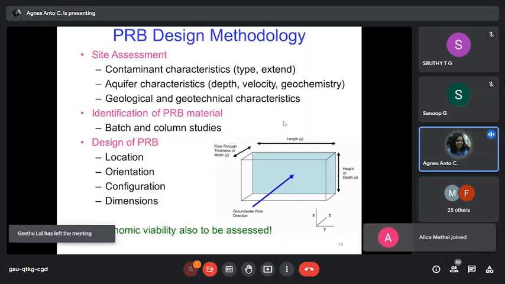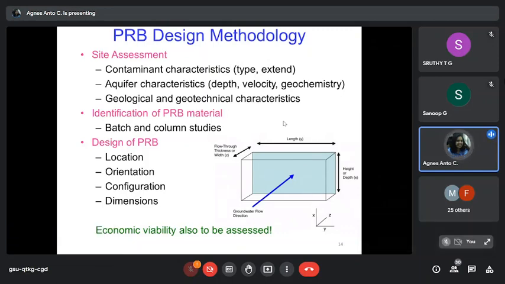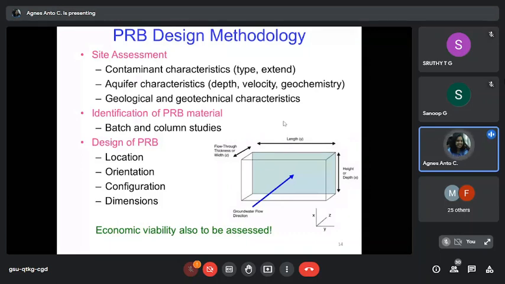So taking into account the mass balance and Darcy's law, which governs the flow through porous media, considering these two numerical equations, you decide the dimensions of the PRB. Then where to locate it, whether you have to hang it, a hanging installation, or a full stretch installation. Is it of trench or funnel gate type? How to orient it? You have to orient it so that you intersect your groundwater flow, and what is the configuration.